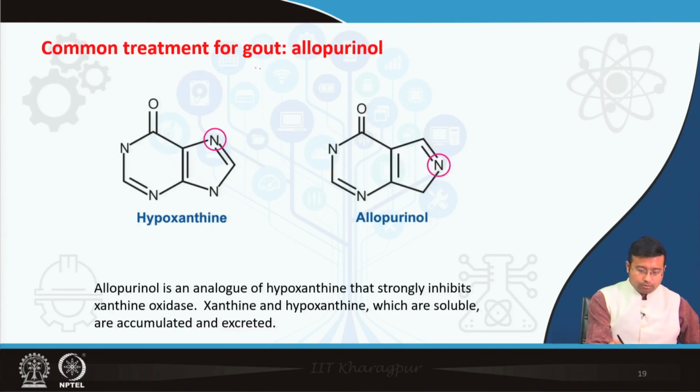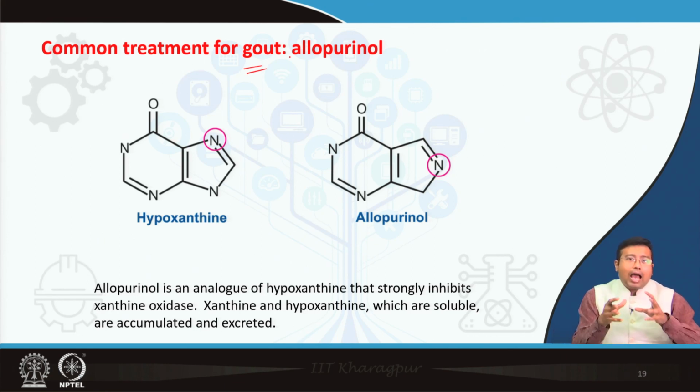So, the common treatment for gout is actually inhibiting formation of uric acid. How can we inhibit formation of uric acid? By attacking the enzyme that is responsible for uric acid formation, and the compound that is available with us to target that specific enzyme of uric acid degradation is allopurinol.